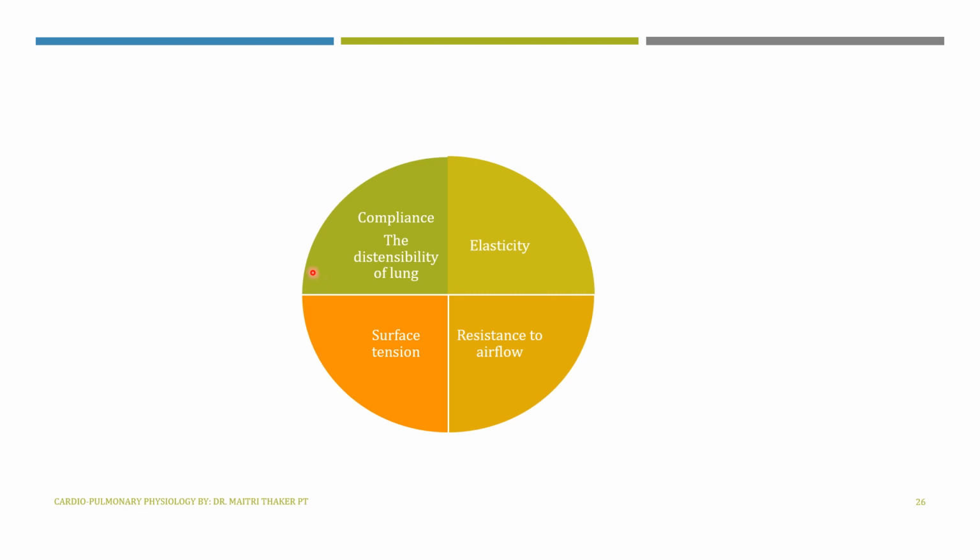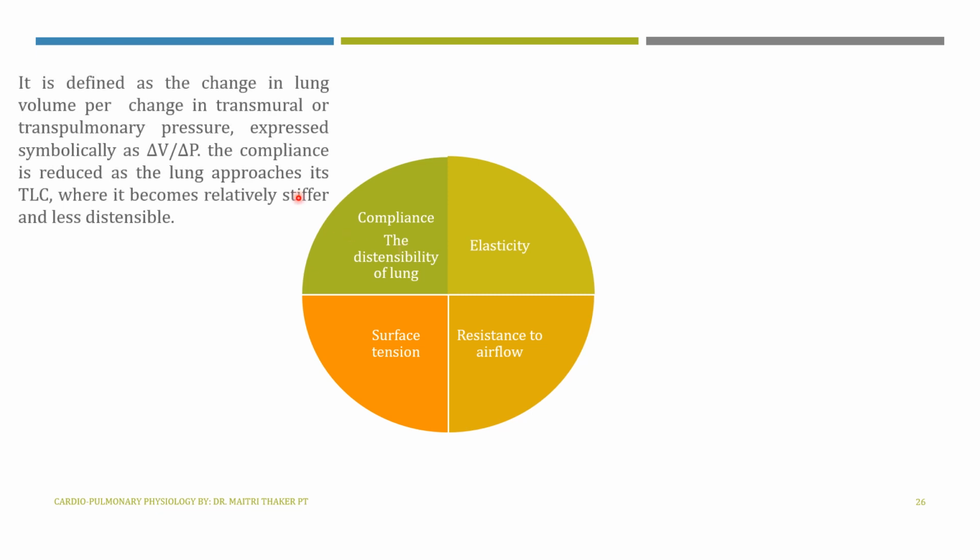So we can compare our lungs with a balloon. How the balloon gets inflated when we force air into it. Similar to that, when we do inspiration, our lung gets inflated. So it gets distended. This ability to distend is known as compliance.